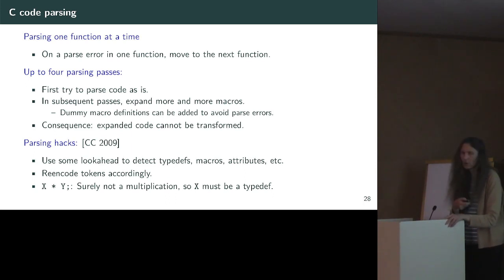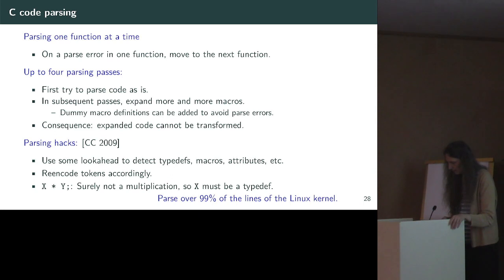So it must be that this X is a type, and this must be a pointer declaration. Now that we have inferred that this is a type, we can propagate that information to the parsing of the rest of the file, and we can find some typedefs on the fly and get better parsing elsewhere as well. So with all these hacks, we can parse over 99% of the lines in the Linux kernel.